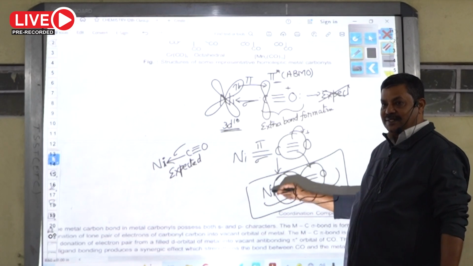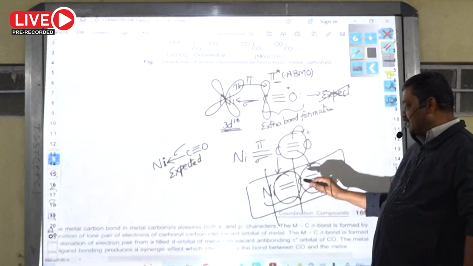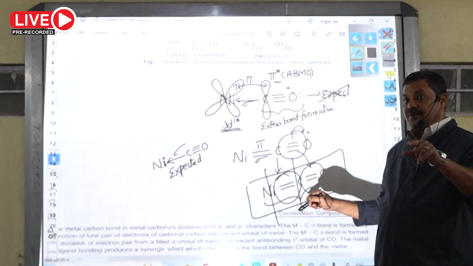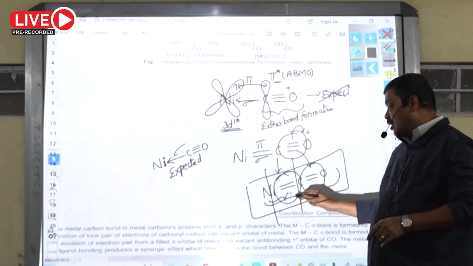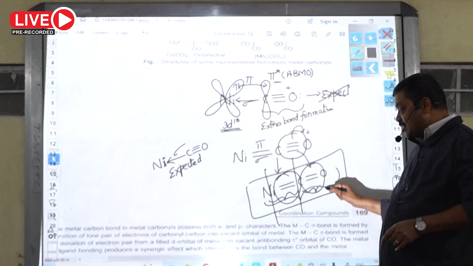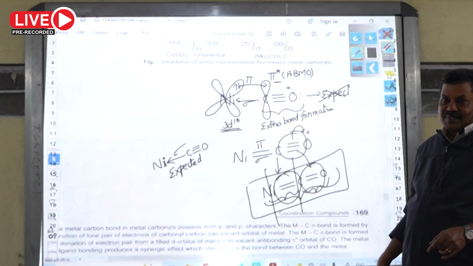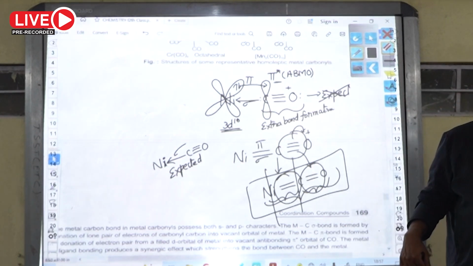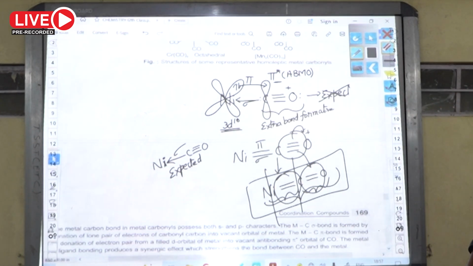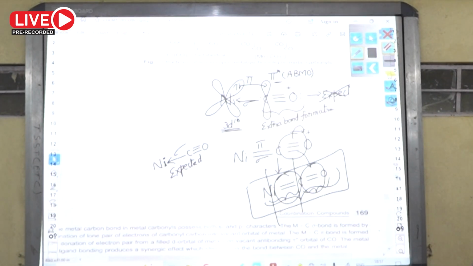Metal carbon, here are two different questions. You should be very careful whether they are asking about the metal carbon bond or the carbon oxygen bond. If the question is related to the metal carbon bond, the bond strength increases because a single bond becomes a double bond, and bond length decreases.